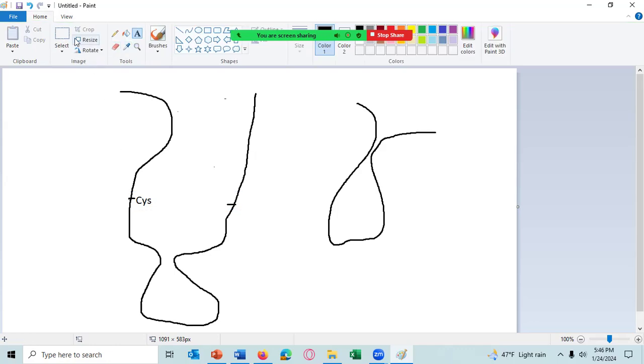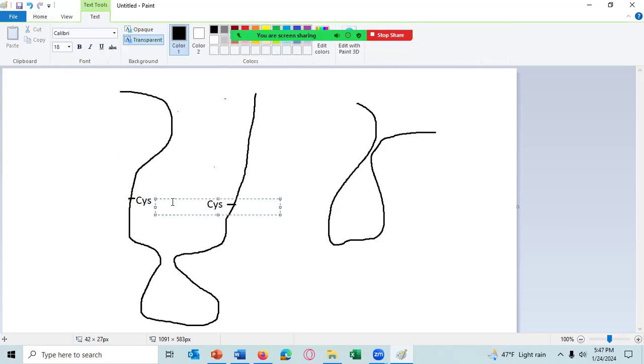Let me see if I can copy that. Got it. Put the cysteine over here. Cysteine has a sulfhydryl group on it. It's not quite right, but maybe I move it up. There it is. So that'll be bound to a sulfhydryl group.